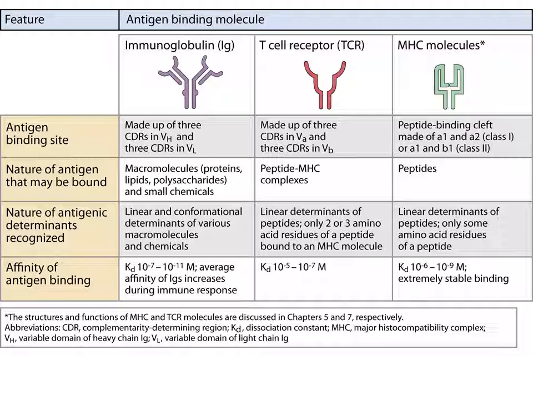But if you look at these three, you will see that some of them are very stable. One of my favorite questions is: if I present an antigen to 3 different antigen binding molecules, which one do you think is going to hold it tight?